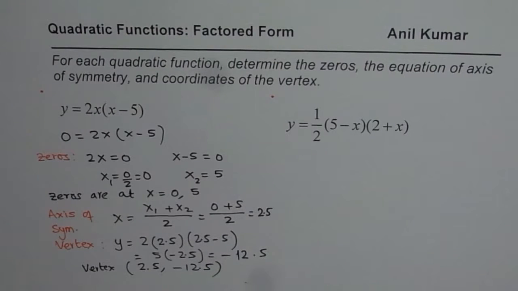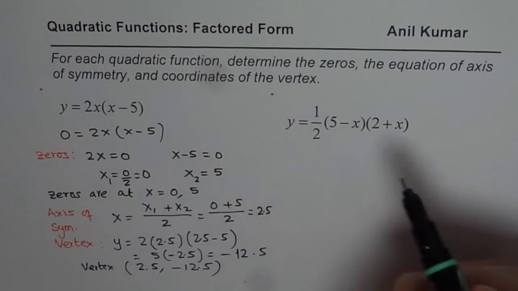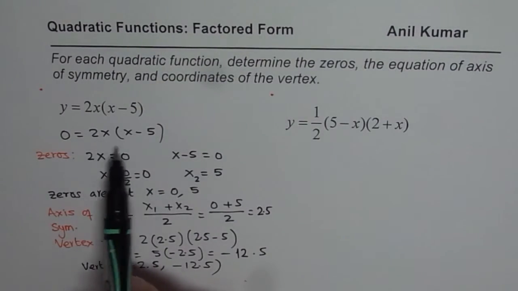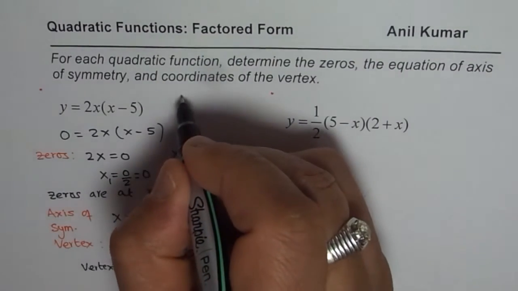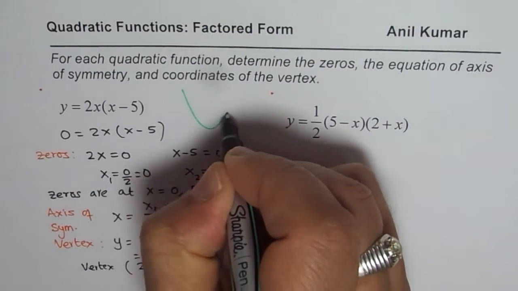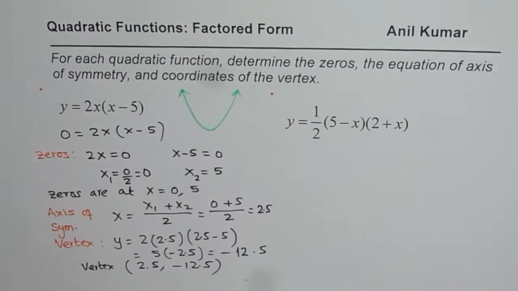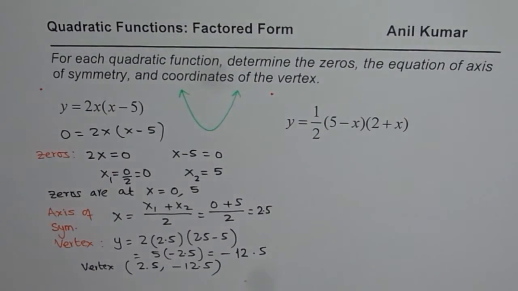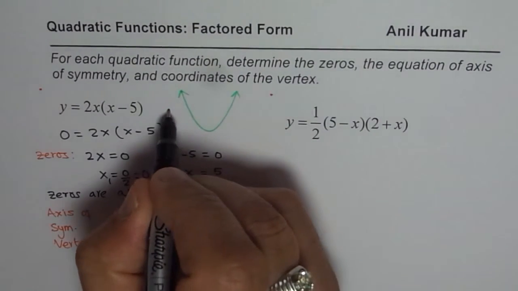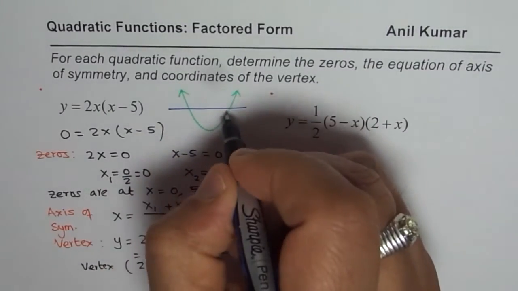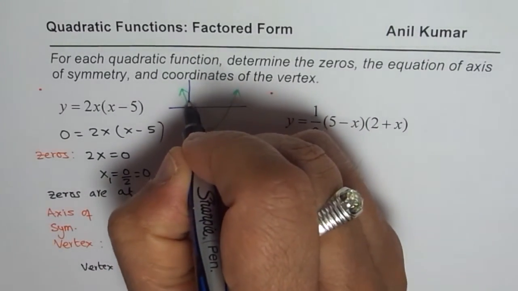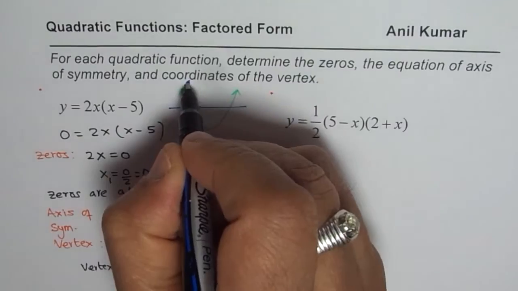So that is how you can get the characteristics of the parabola, right? Some of you can also sketch this parabola by hand, approximately. We have two x-intercepts. I'm just making a rough sketch here. So let us say that is the parabola. I'm doing it in reverse order; you should actually plot the points on the graph and then sketch it. We have two x-intercepts, and one of them is on the y-axis, correct?